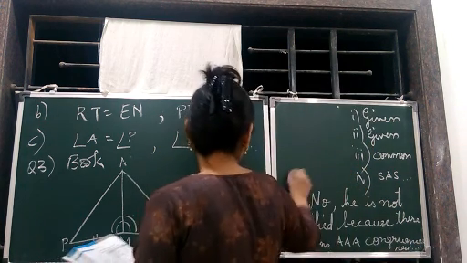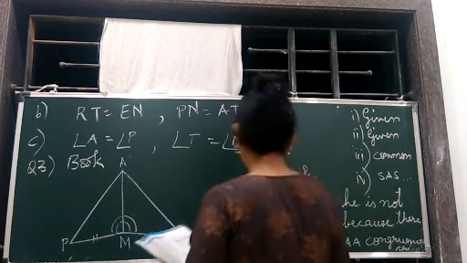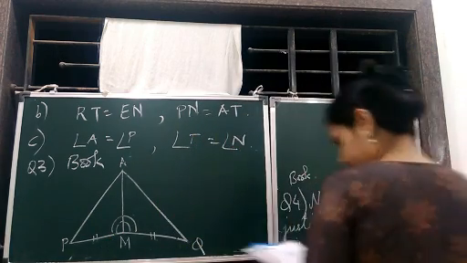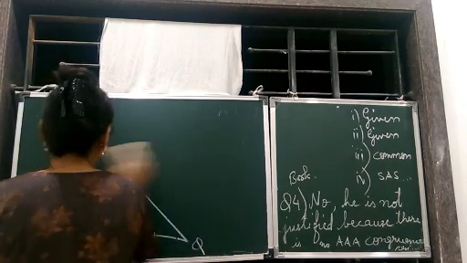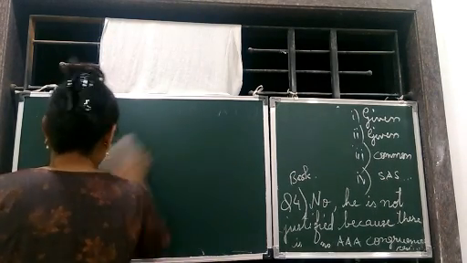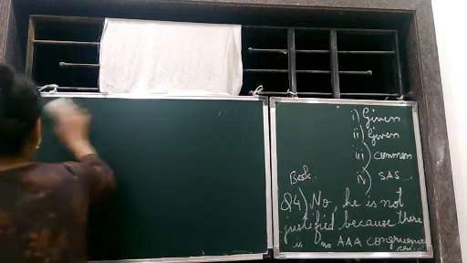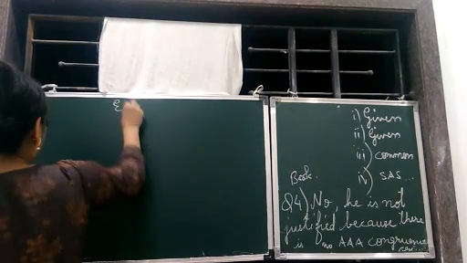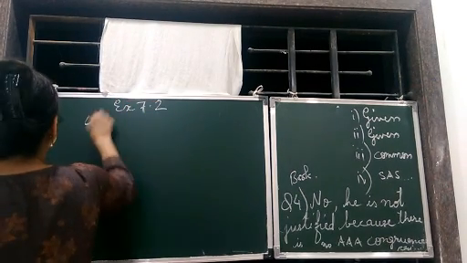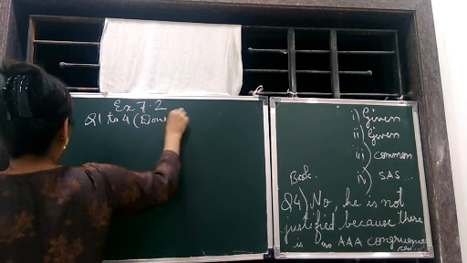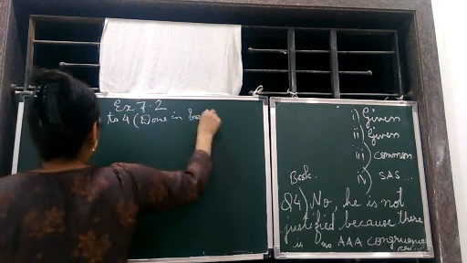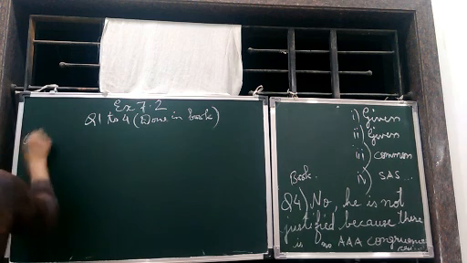This is also in book. Then we go to question number 5. Question number 5, we start in copy. So for question number 5, children, open your copies and write the heading. Exercise 7.2, question number 1 to 4, we've done in book. We start with question number 5.